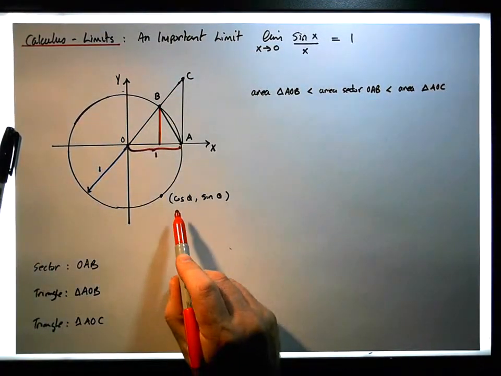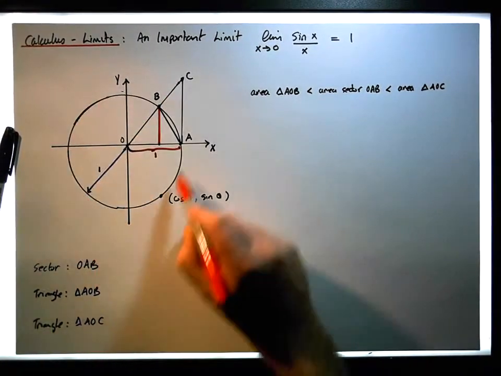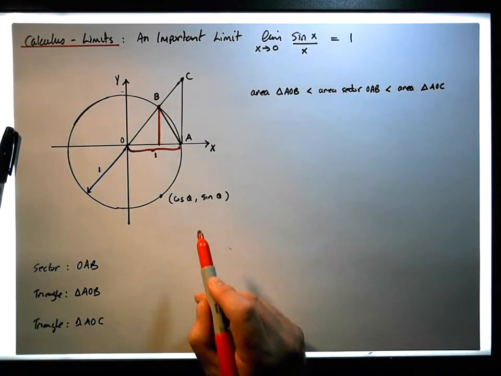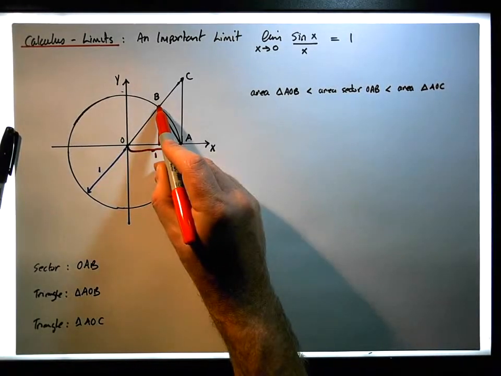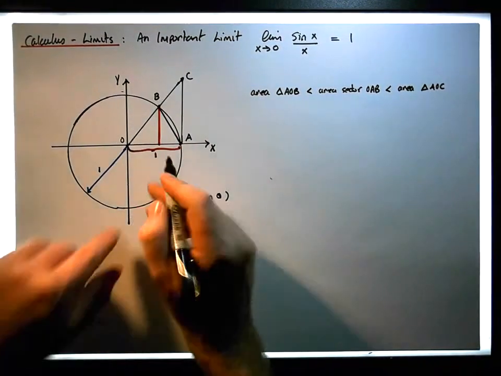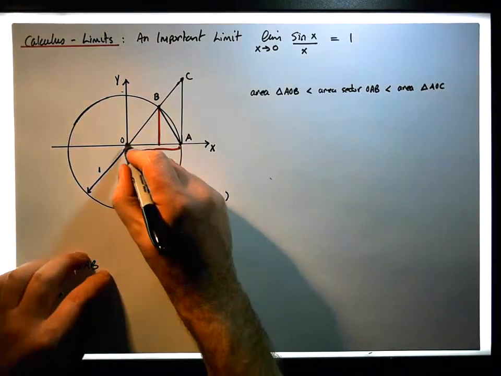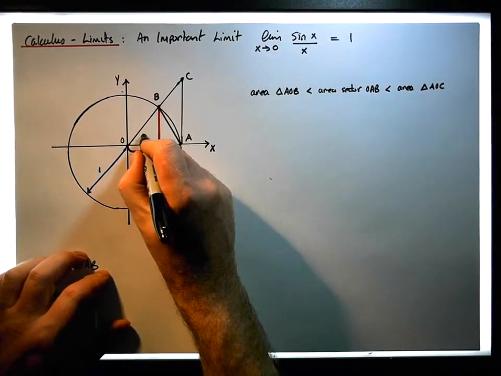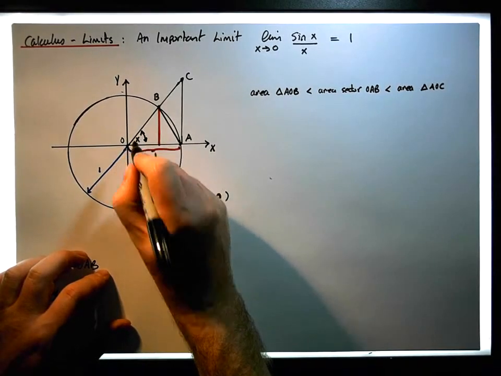But as I said earlier, all the points on this circle, in terms of radians and in relation to the cosine and sine functions, have an x and a y coordinate. I should have also said that this arc that has been drawn has a particular angle, and this angle in radians, let's say, is x.